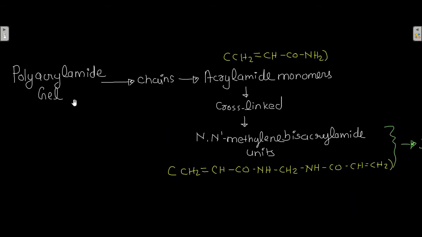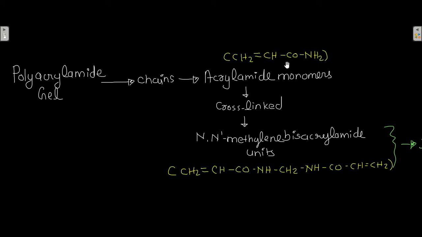Now talking about the second type of gel, which is also common in gel electrophoresis, is polyacrylamide gel. This polyacrylamide gel consists of chains of acrylamide monomers which are cross-linked with N,N'-methylenebisacrylamide units. The cross-linking of both of these results in the formation of polyacrylamide gel.